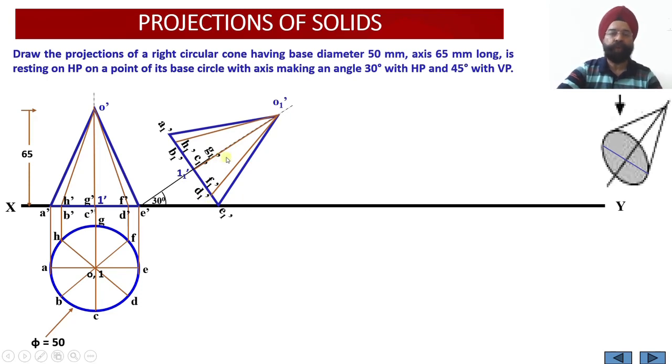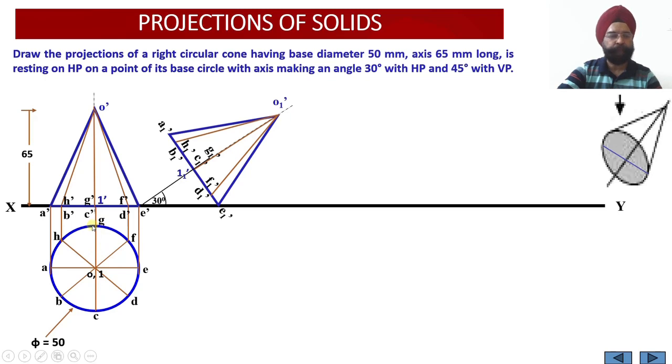Now we have to draw the top view of this particular cone into the first iteration. In order to obtain the top view, fourth view is always corresponding view, so corresponding points we are going to obtain. How many points are there? Please check. 8 points corresponding to the base, 2 points corresponding to the axis, 10 points are there.